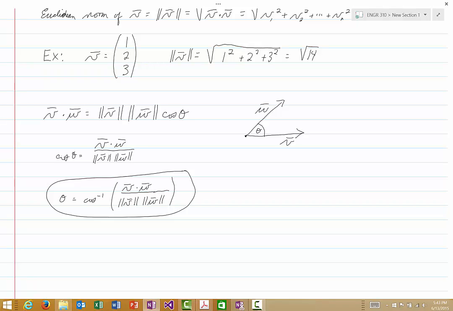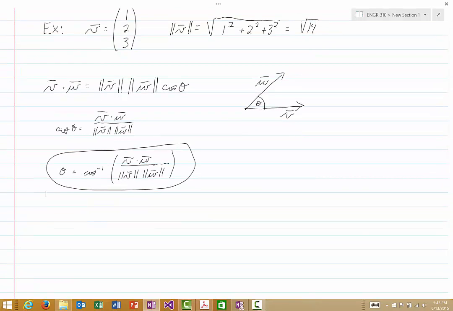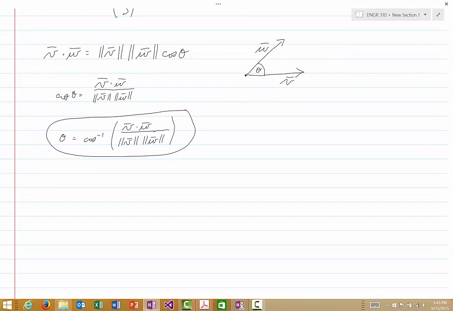And one more related idea here is that this gives us a way of finding out if two vectors are perpendicular to each other. The way this goes is the following.